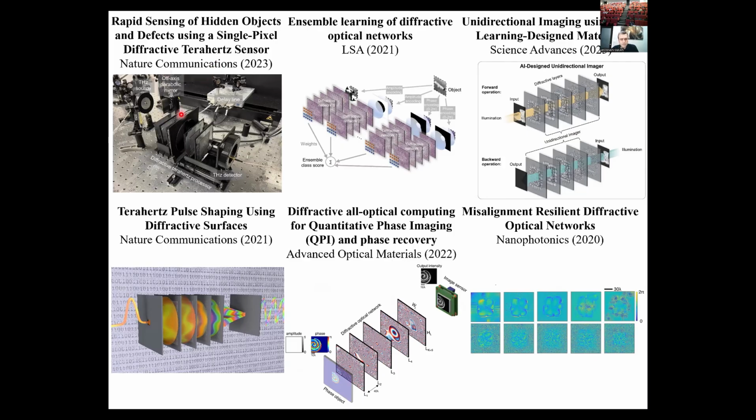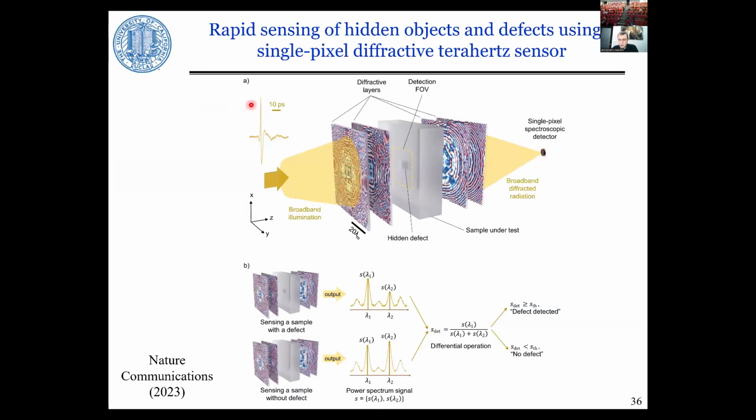Arguably, it's also a beautiful platform for sensing. For example, if you're looking at defects within a body of volume, within a structure, let's say, diffractive processors can also be very powerful to catch these hidden defects, unwanted objects within a volume.